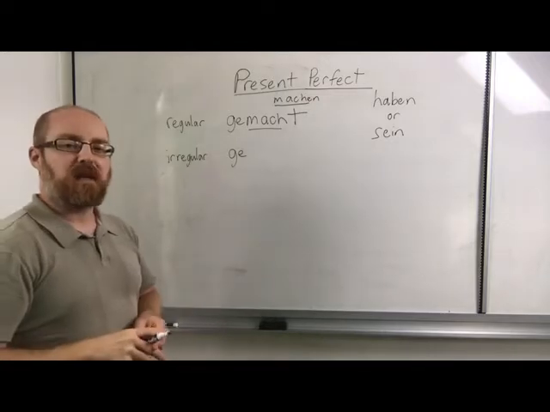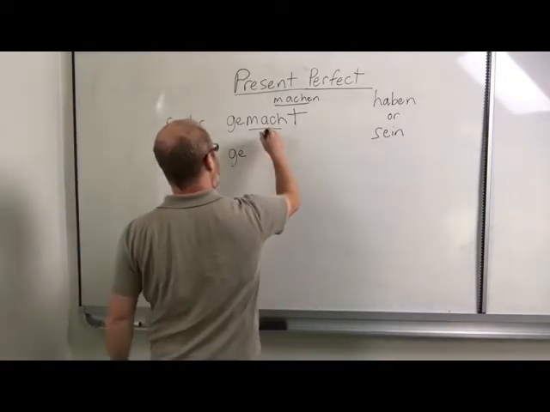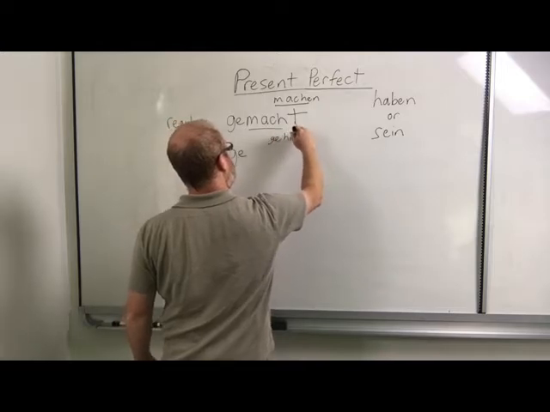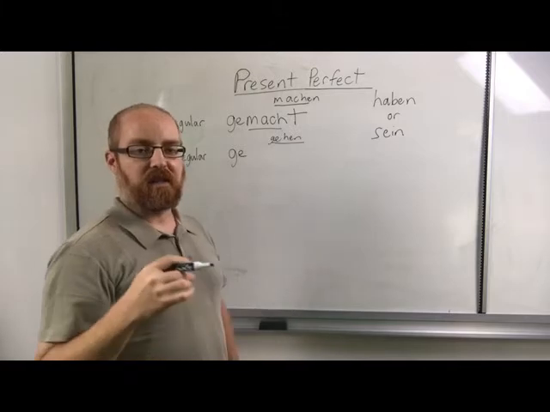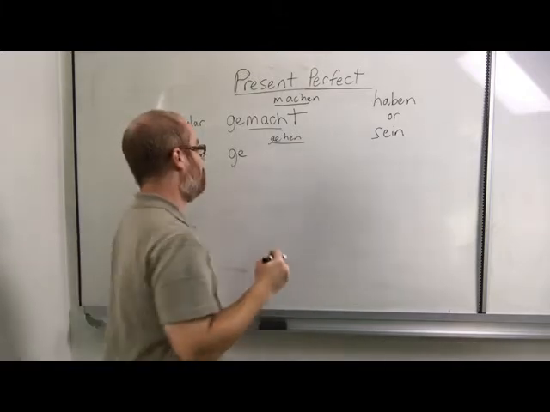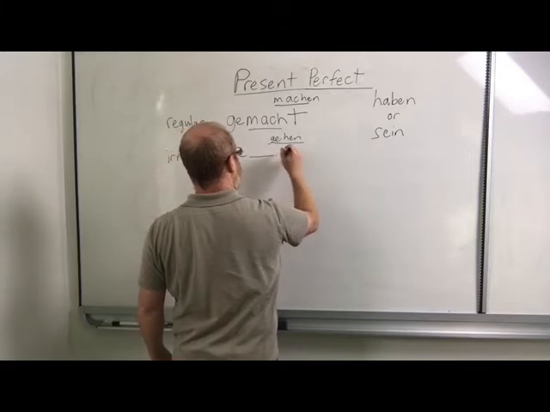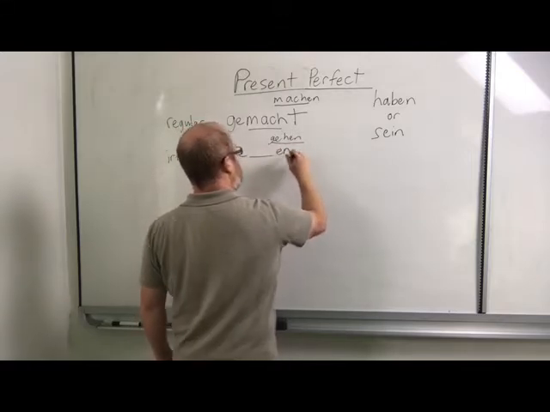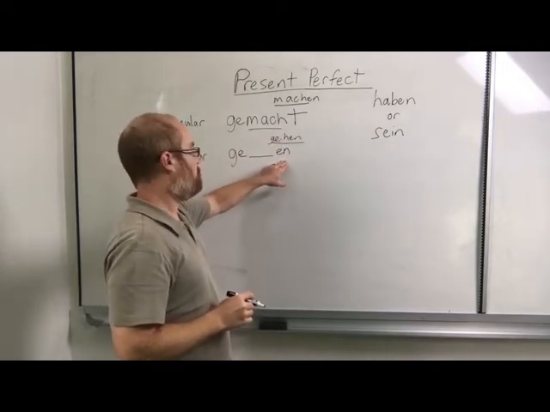Now for an irregular verb like, let's say, gehen, we have not only a GE prefix and stem, but we also have an EN ending. So as opposed to the T, we have an EN for irregular verbs.